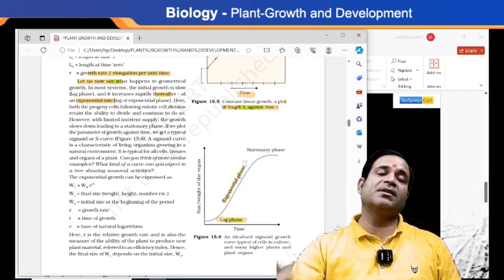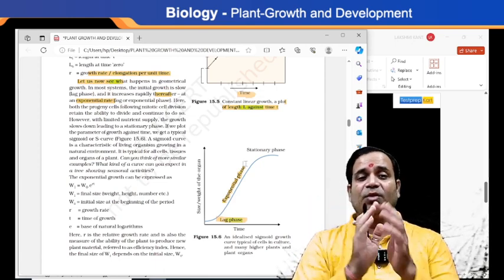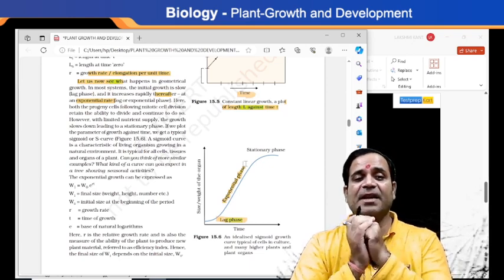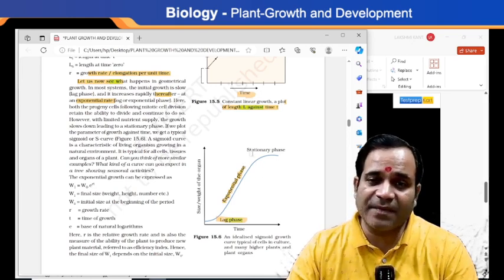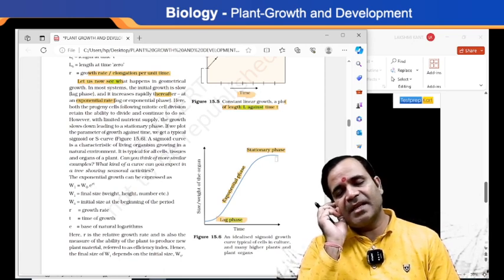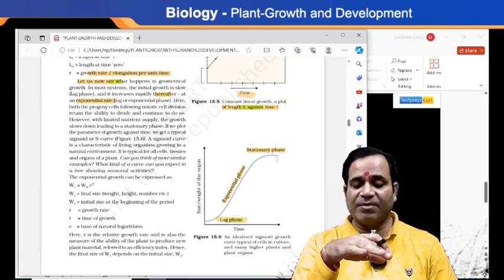After that, the progeny cells following mitotic divisions retain the ability to divide and continue to do so. This phase is known as the stationary phase, my dear, meaning the phase which stays in position.